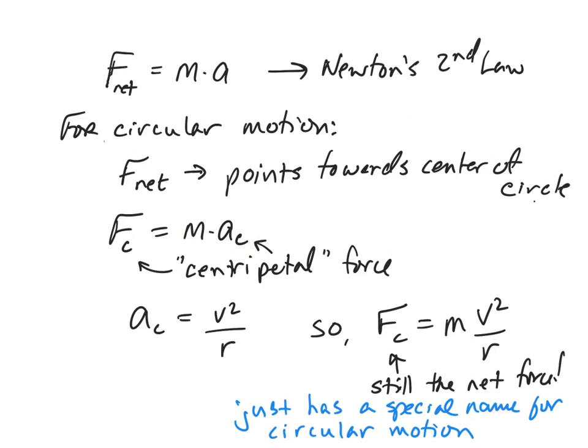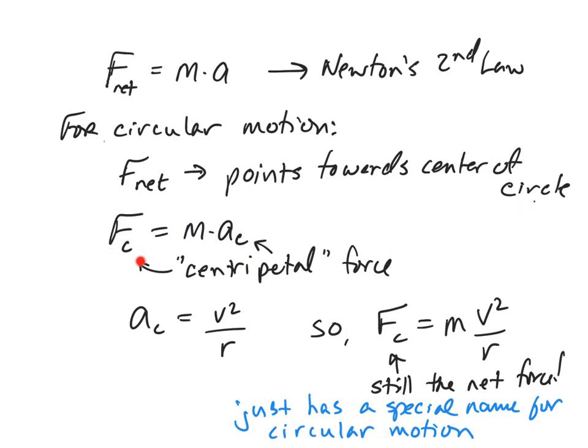Remember that Newton's second law still applies, so net force is equal to mass times acceleration. That's still just as true in circular motion as it was in linear motion. The only difference in circular motion is that net force is always pointed towards the center of the circle. And we give it a special name.